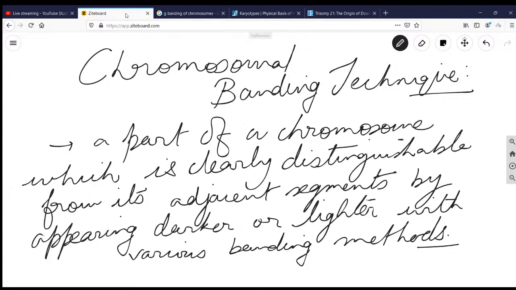Now we'll come to the bandings that are given. A little bit of history: in 1958, scientists like Caspersson published the use of quinacrine mustard stain to usher in a new area of chromosomal banding.